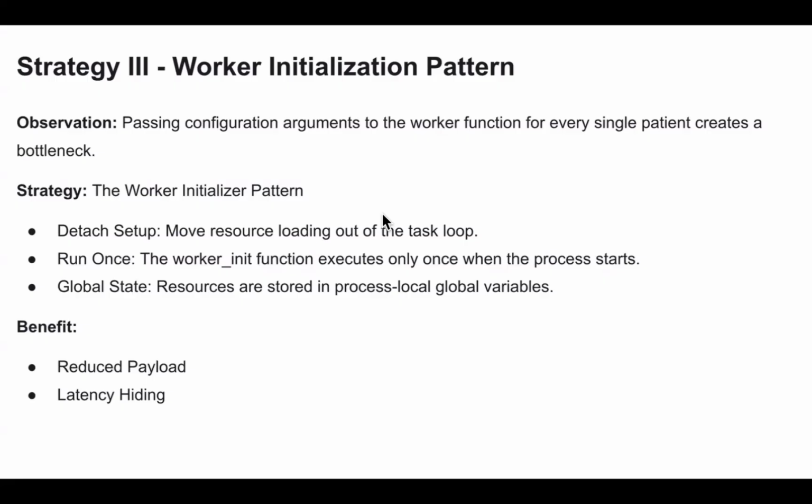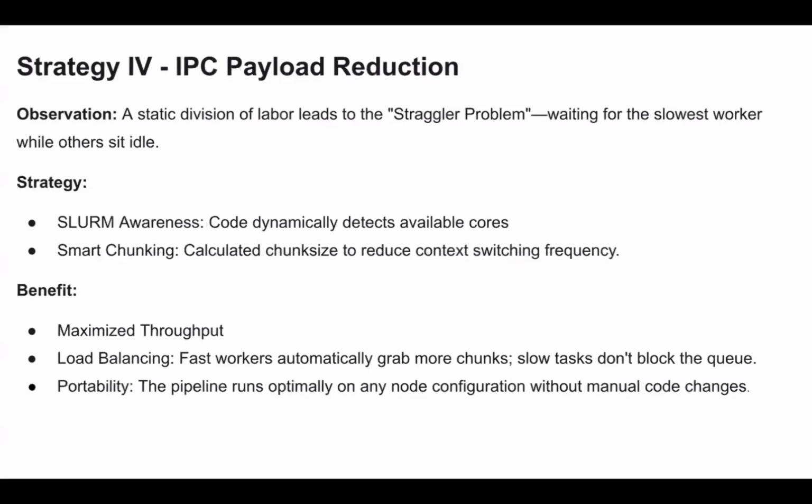The benefit of this strategy is massive for high-throughput tasks. Now when I assign a patient to a worker, I don't send a heavy configuration object. I just send a tiny patient ID. The worker grabs the heavy data from its own preloaded memory. This minimizes the IPC overhead and lets the CPU focus only on the math.